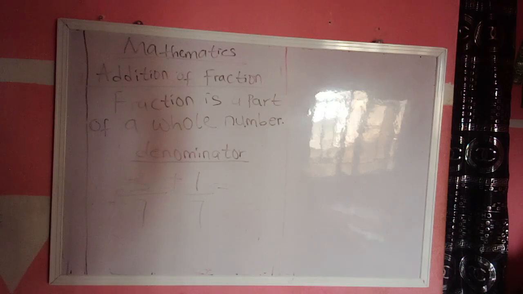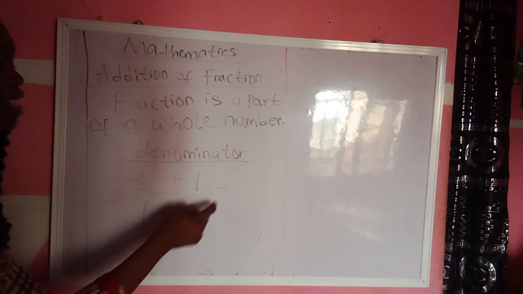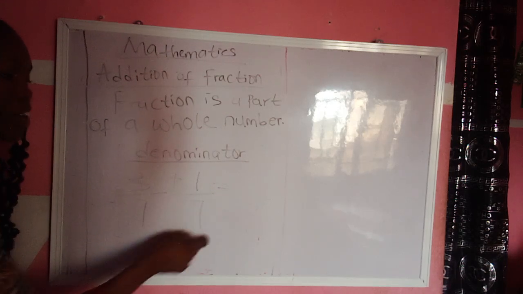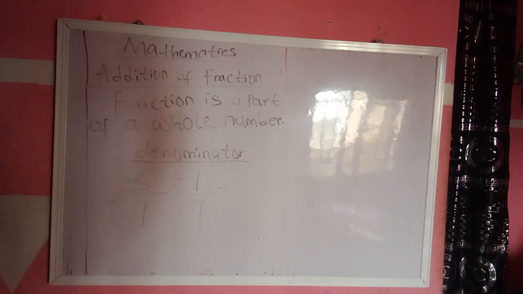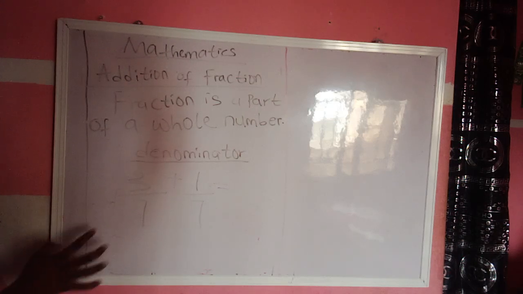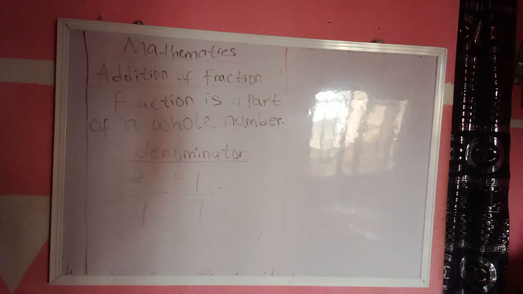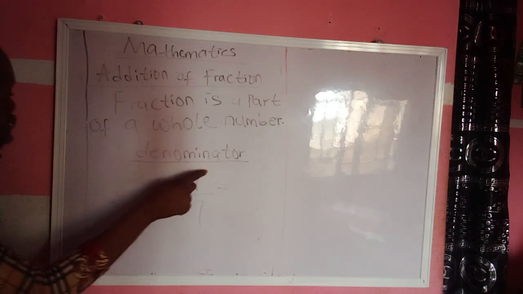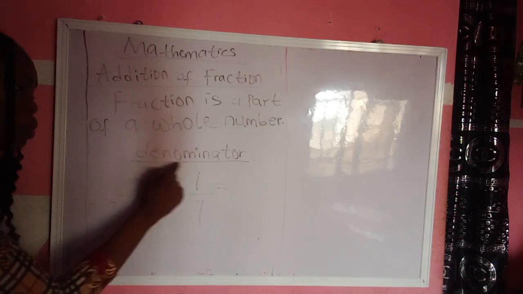You now ask yourself, what is the denominator of 3 over 7? Which is what? 7. What is the denominator of 1 over 7? Which is what? 7. Remember, denominator is the number that is what? Below. Now, what do we do? We add the ones on top.